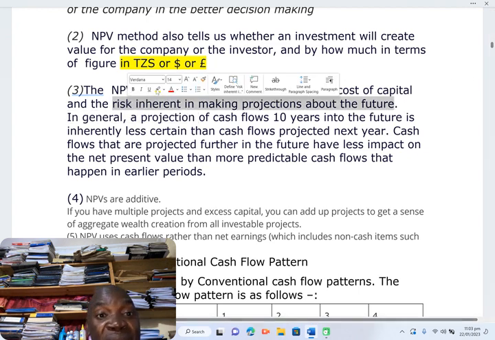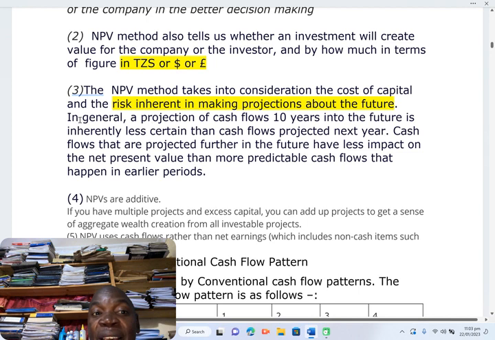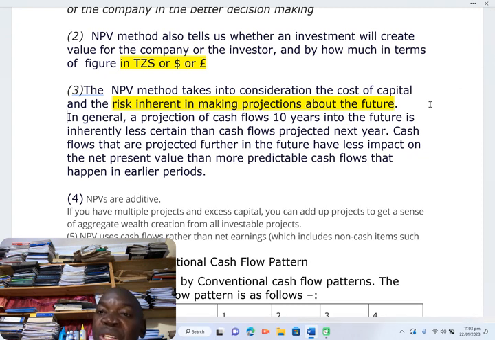But this method uses the cost of capital as a discounting rate, and therefore it makes the source of finance, which is equity plus debt, be included during decision making. It also assesses the risk about the future production of this project.